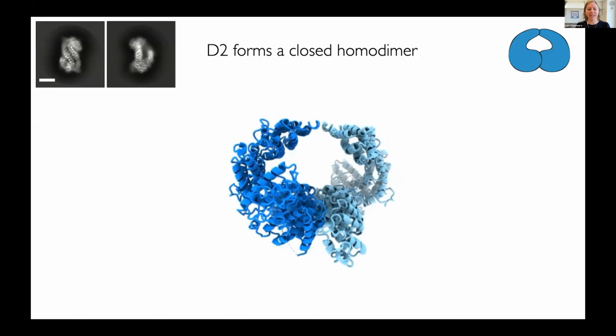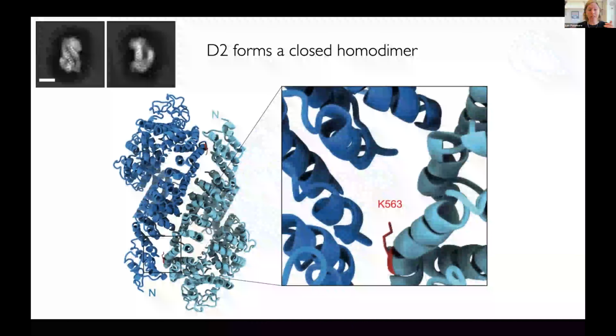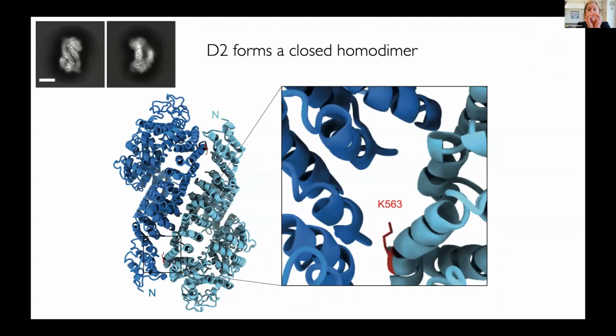This provides a molecular explanation for the lack of DNA binding by the isolated FANCD2. The DNA binding sites are blocked because it's in this closed conformation that presumably does not open to allow entry of the double-stranded DNA helix. In addition, in the homodimer, the lysine residues on the back of the complex aren't accessible, and this really prevents their ubiquitination.